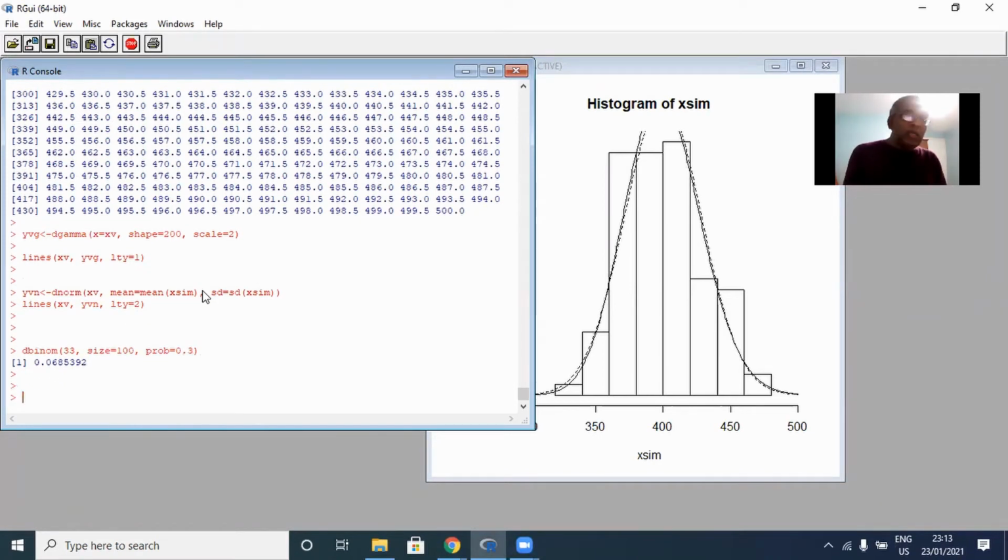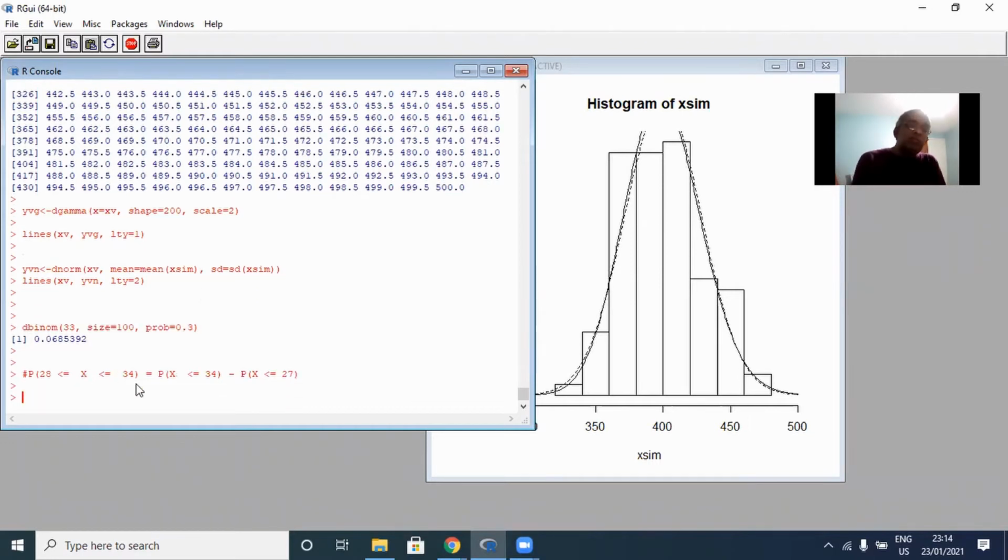Now to compute the probability that x is between 28 and 34, first you must write this probability as the difference of these two. Because x is a discrete variable and can only take integer values, this probability is the same as the difference of these two.